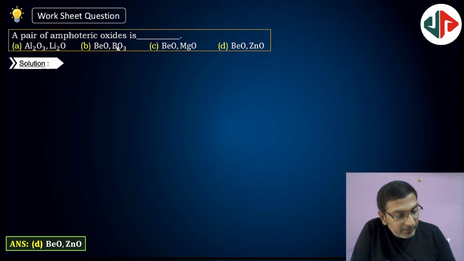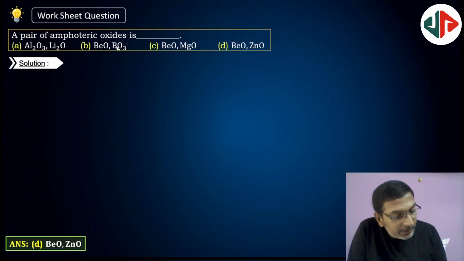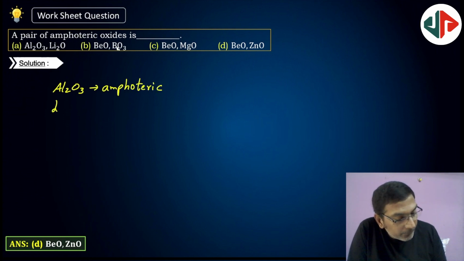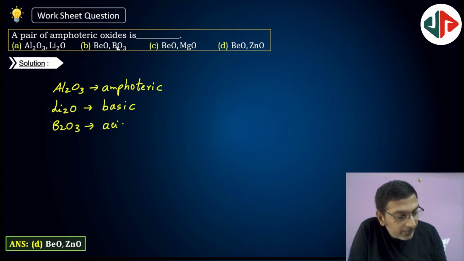Pair of amphoteric oxides. Here Al2O3, amphoteric. Li2O, basic. B2O3, acidic. MgO also basic.